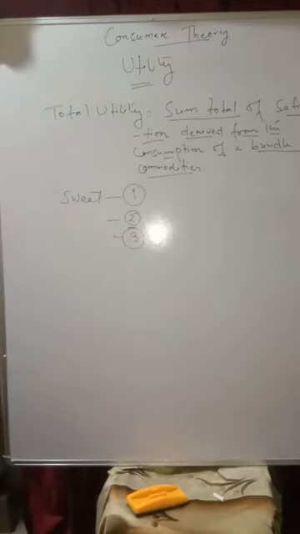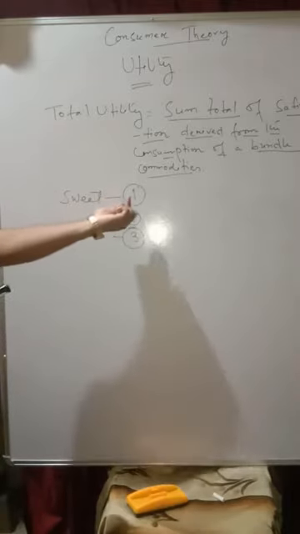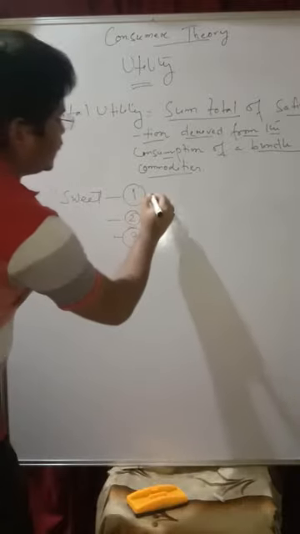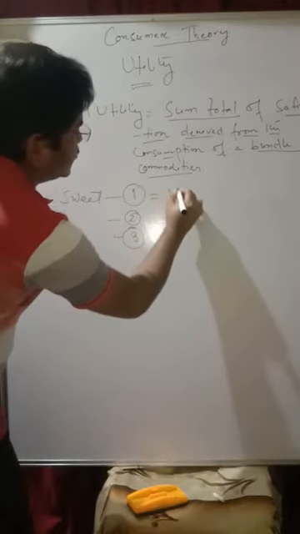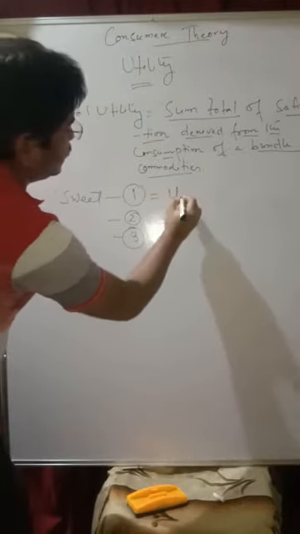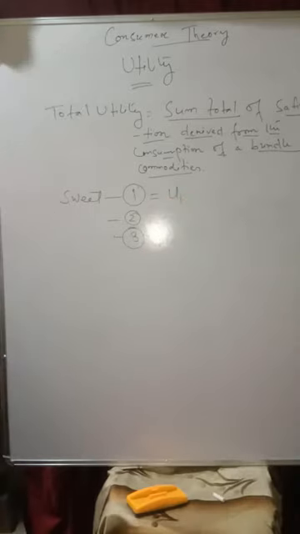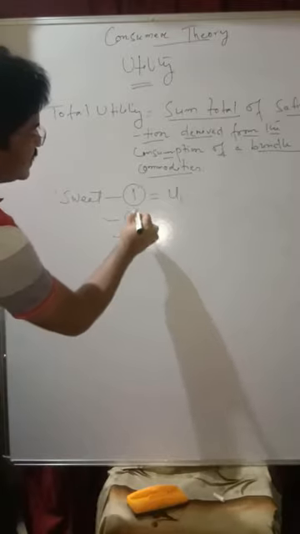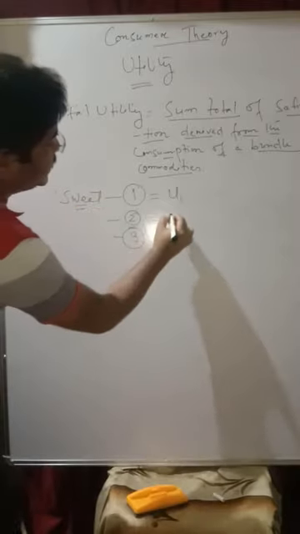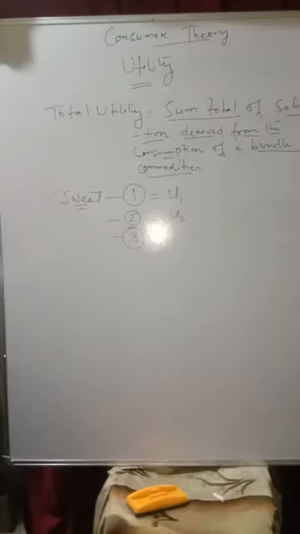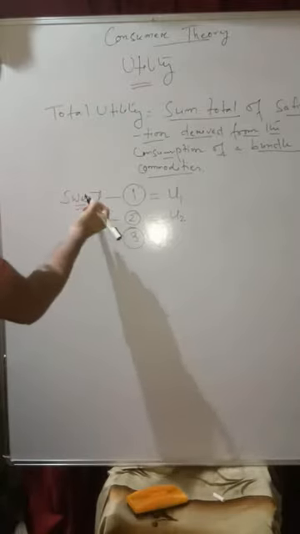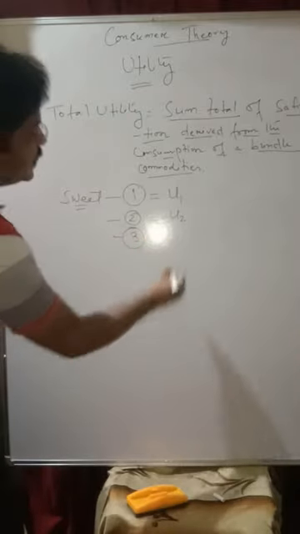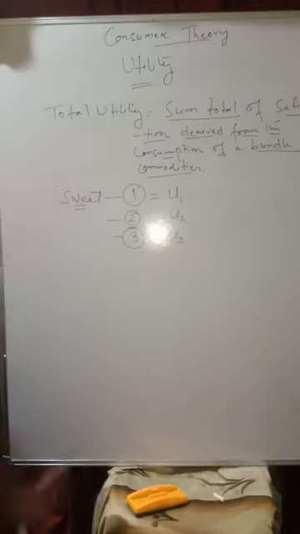The satisfaction derived from the consumption of the first unit of sweet, suppose the utility of the first unit is given by U1, the utility derived from the second unit of sweet is given by U2, and the utility derived from the third unit of sweet is given by U3.